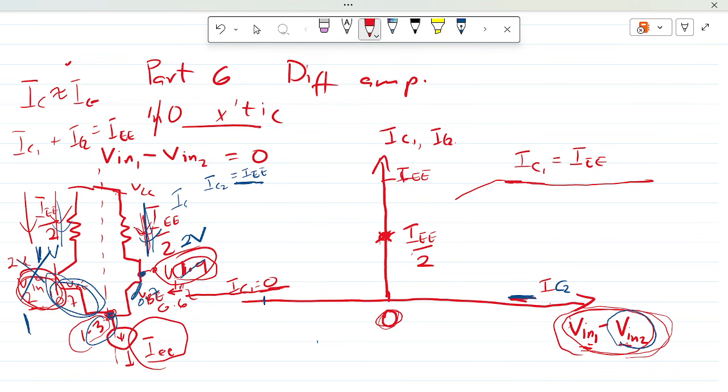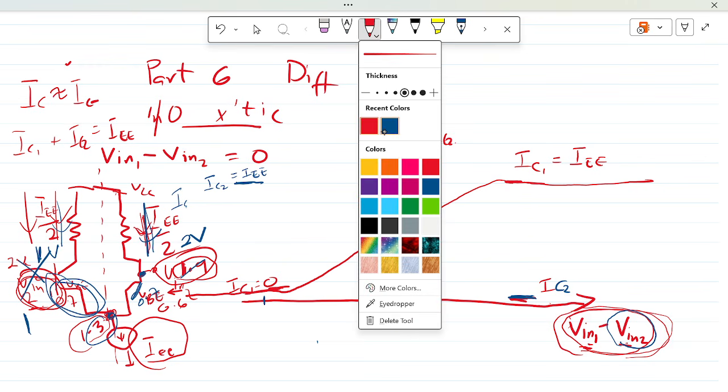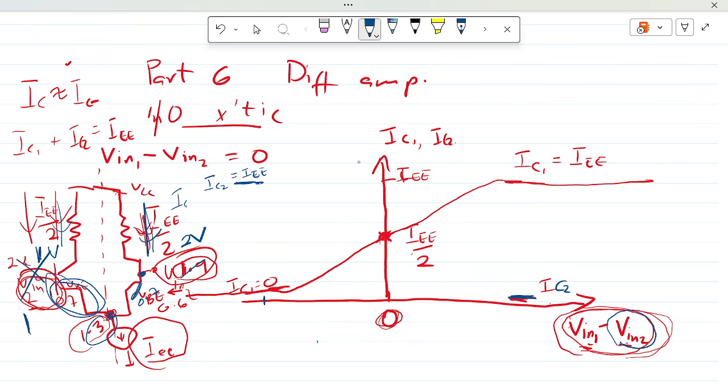I don't know whether they join linearly, so this is just an assumption, but it's a good assumption. Similarly, we would also have this way. So this is the differential input against the 2 collector currents.